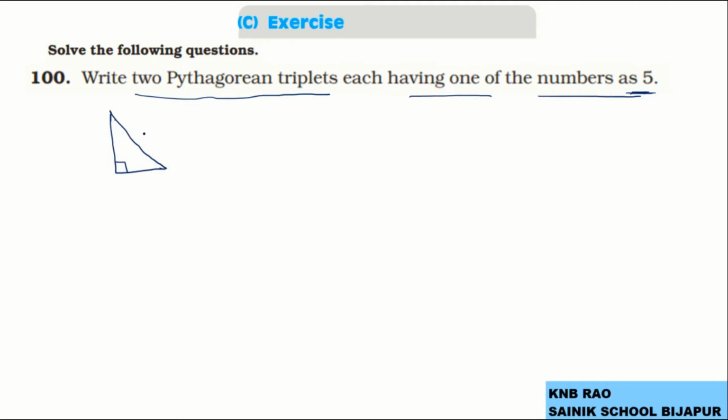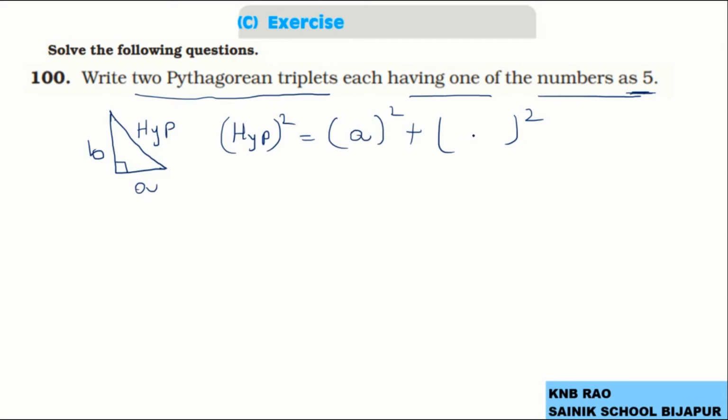The Pythagoras theorem tells you hypotenuse square is equal to the sum of the squares of the perpendicular legs. Let us say here the perpendicular legs are A and B. So the sum of A square and B square should be equal to the hypotenuse square. So let us say that the hypotenuse is C. That means C square equals A square plus B square. It should get satisfied.